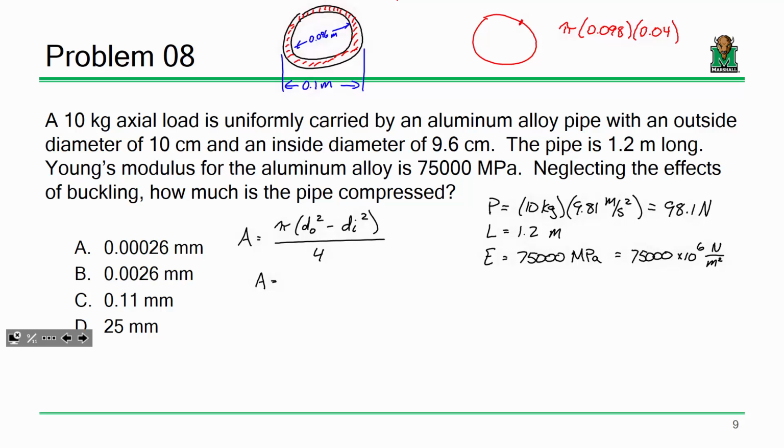Yeah, that would be doing it your way. Where's the 0.98 coming from? Because that's how thick it is. Or no, 0.02. That's the thickness.